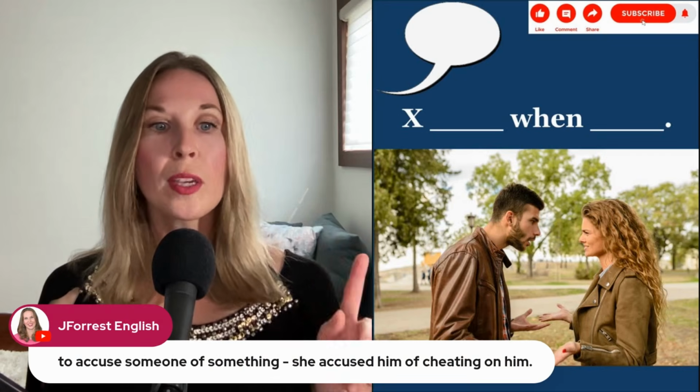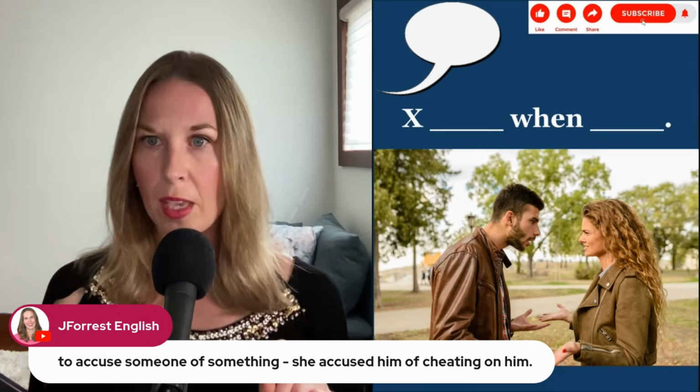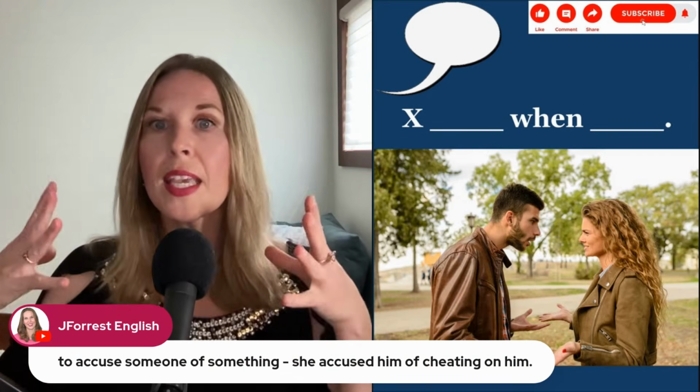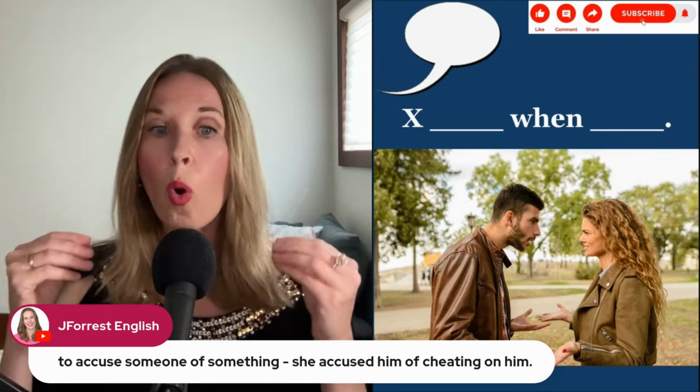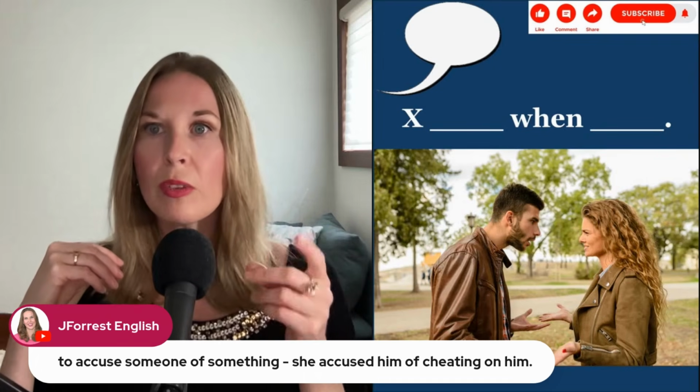So to accuse someone of something. Okay. So she accused him of cheating. I spelled it wrong, but the structure is right, of cheating on him. So now I'll post this again and you can see the structure as well. To accuse someone of something. Now you can have something as a noun, or if it's a verb, then you need the ing.